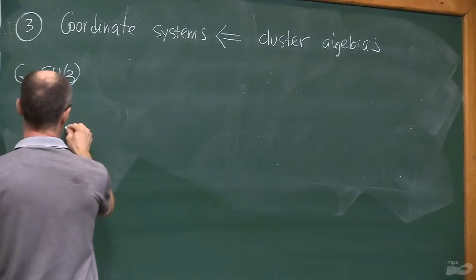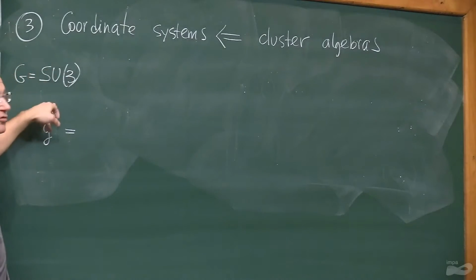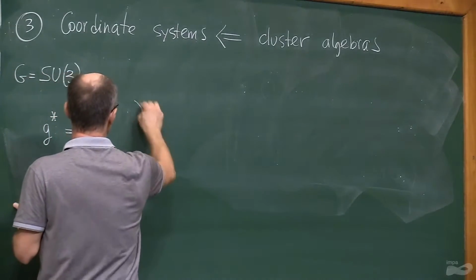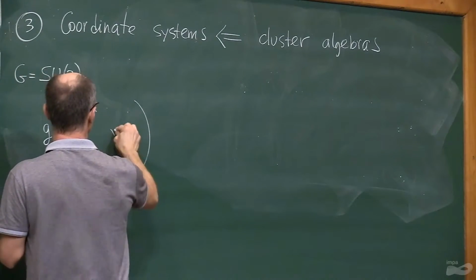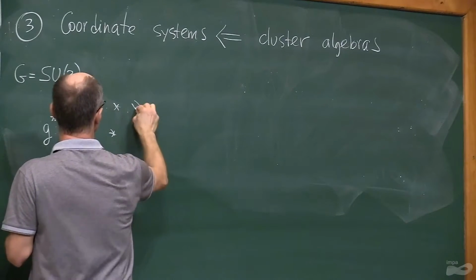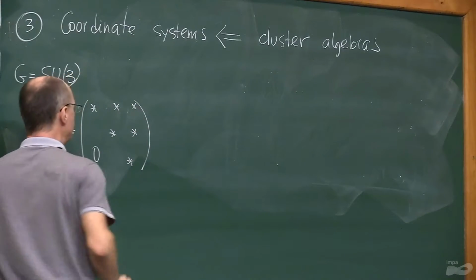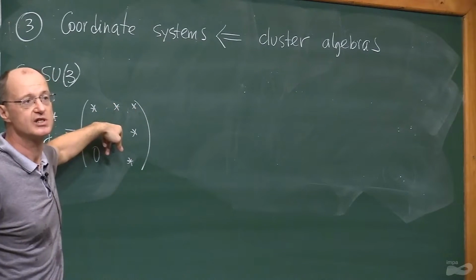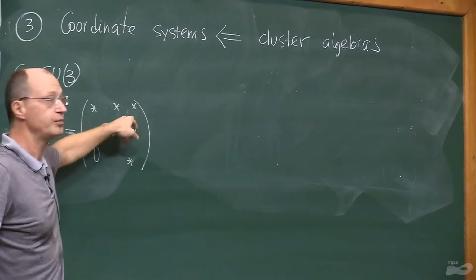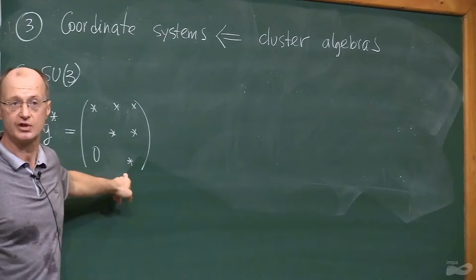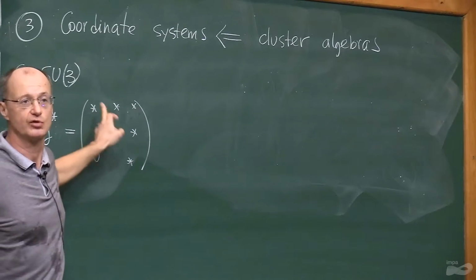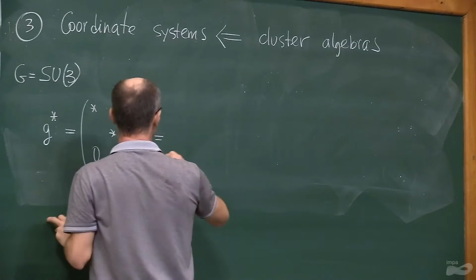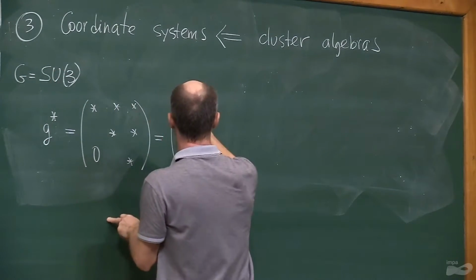So an element of G star in this case, so remember, it lives in the product of A and N. This is something like an upper triangular matrix. So these strictly upper triangular elements are complex numbers, and on the diagonal you have positive reals. So that's how they look. And we're going to introduce the following coordinate system.